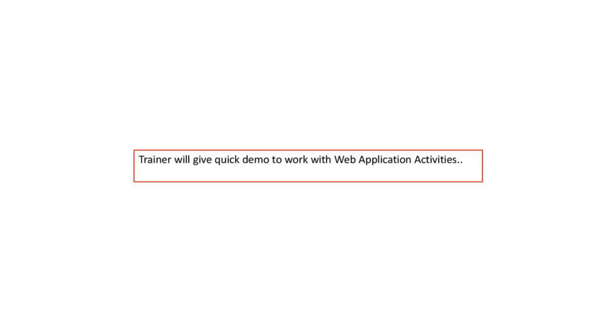So I'll stop the presentation, go back to UiPath Studio and explain the concepts in much more detail. If you have any questions regarding web application automation, you can write in the chat box and I will answer them in the 10 minutes QA session at the end of this presentation.